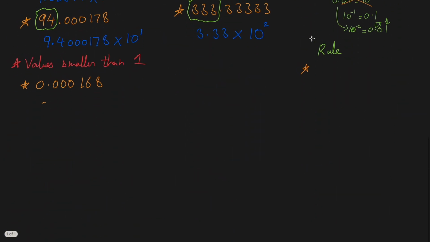We will write the first digit as it is, but as you already know, dealing with values smaller than 1, we will always encounter zeros. So we will go from left to right, and we will write the very first value that we encounter. What is the non-zero value that we are encountering first? That is 1. So that is the digit.